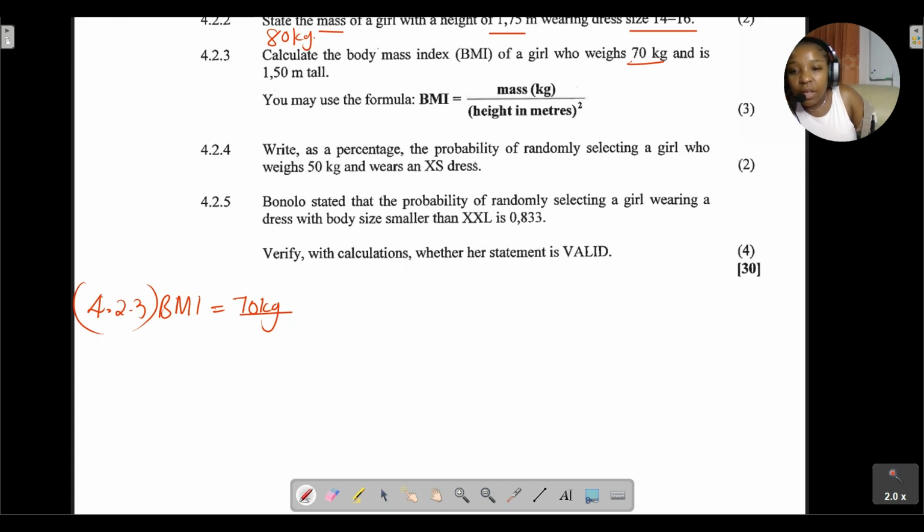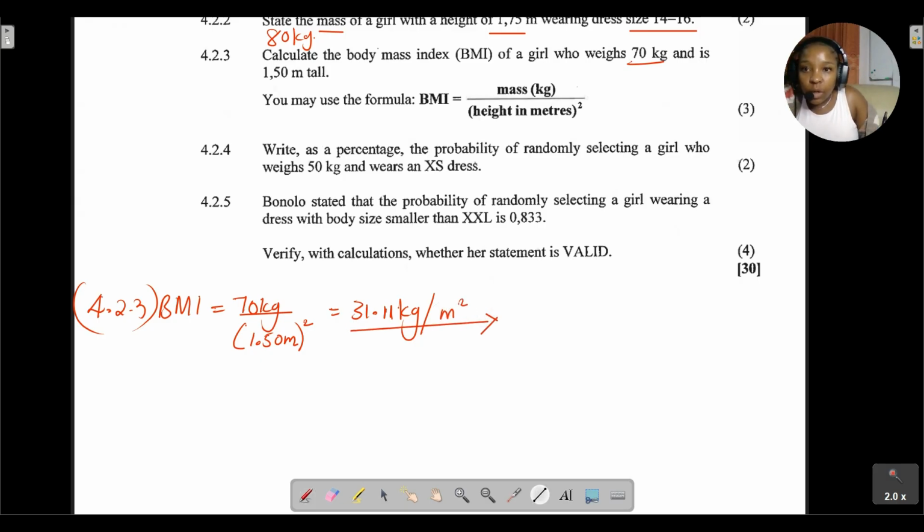The height is 1.50 meters, all squared. So it's 70 divided by open brackets 1.5, 0 close bracket all squared. We are getting 31.11 kilograms per meter squared. So that is the BMI.